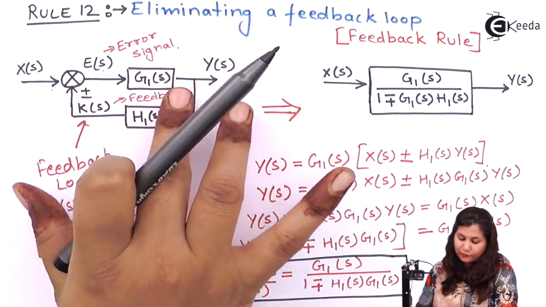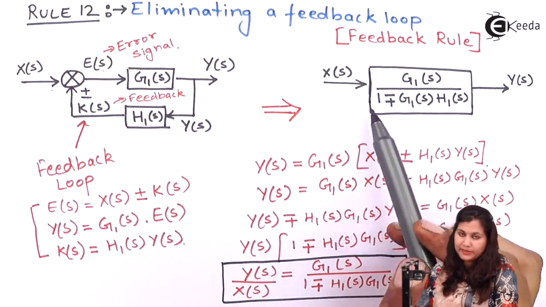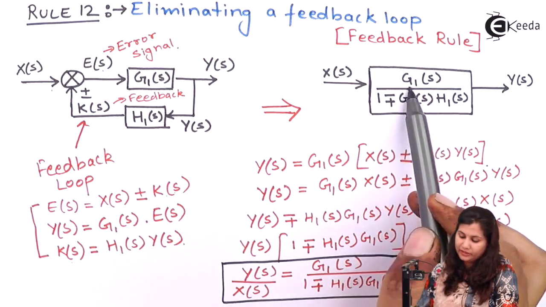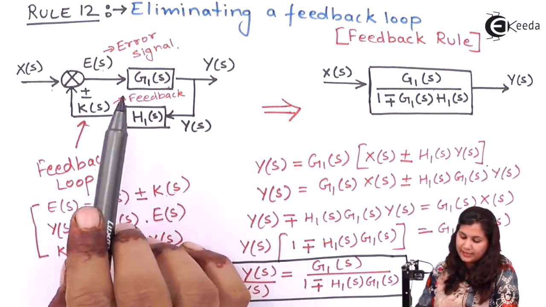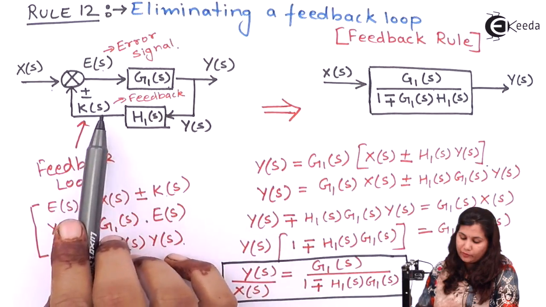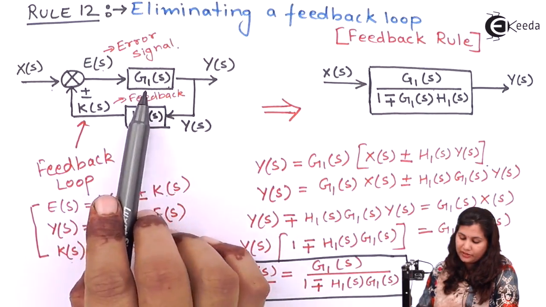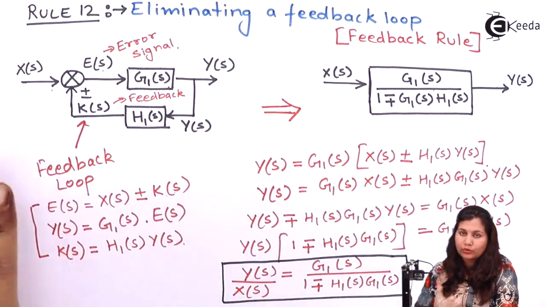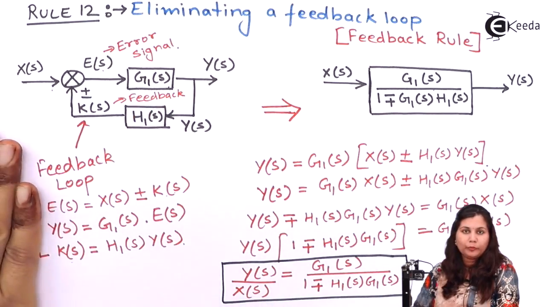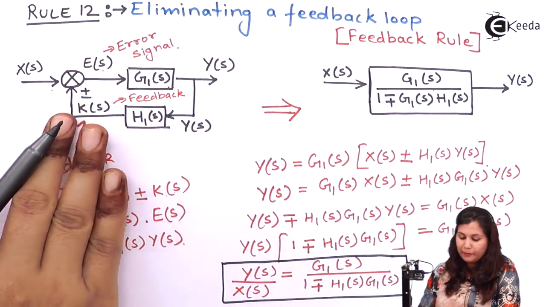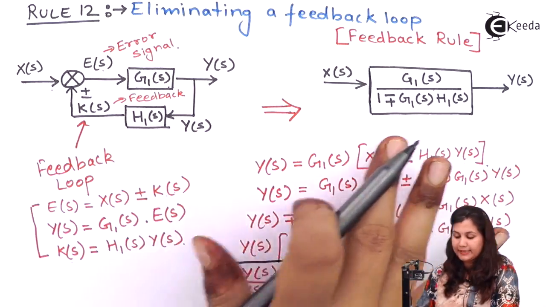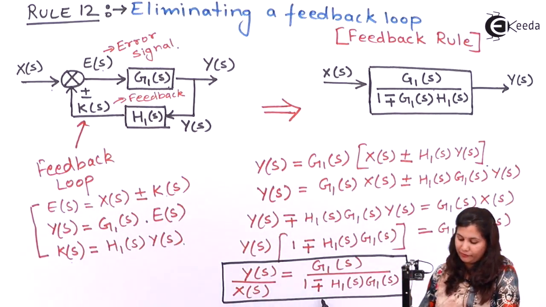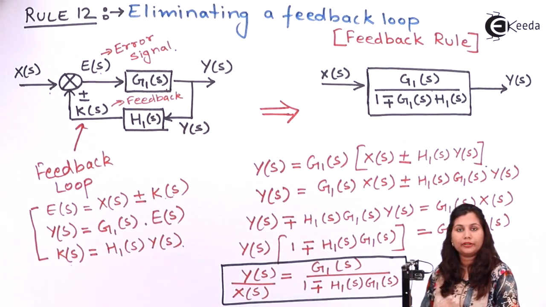We can replace this full feedback loop by a single block having the transfer function G1s divided by 1 minus plus G1s H1s, and we have proved how we get it. So whenever you encounter a feedback loop in a block diagram, just replace that feedback loop by a single block having this transfer function. Okay, so this is the rule number 12.